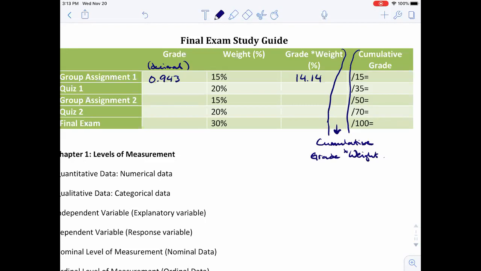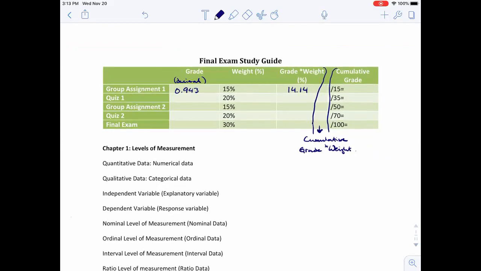And then you can do fun things like, how much do I need on the final to get this grade? How much can I get away with on the final to pass? No, you guys need more than pass, but you get the idea. Okay. So just a good, I guess, life skill, school skill. Not really a life skill, I guess. Well, it is. And it's math, so I feel like it's appropriate.